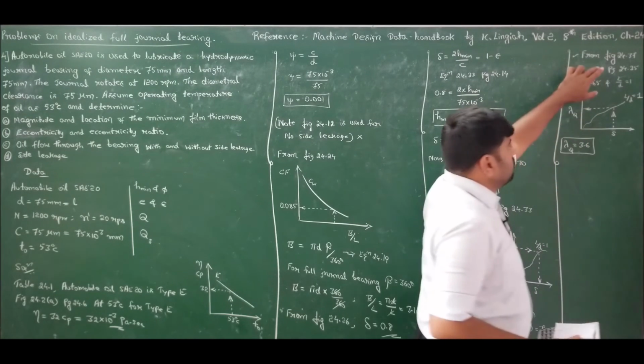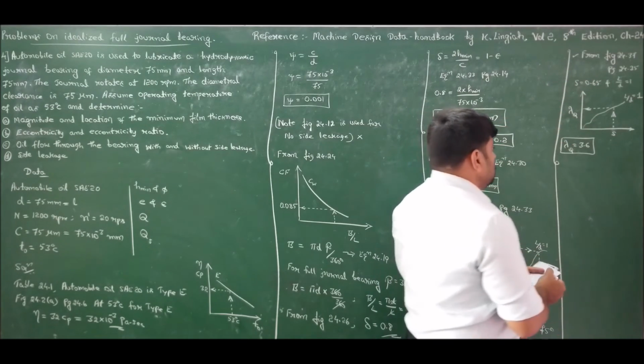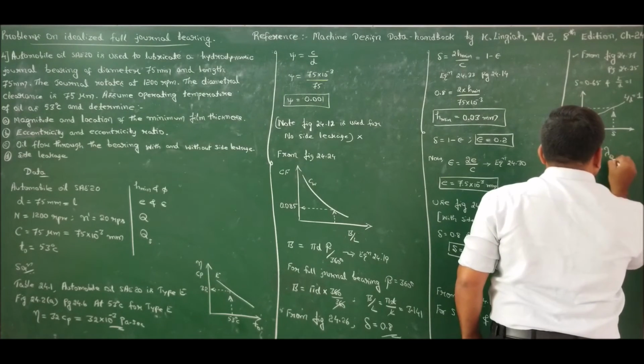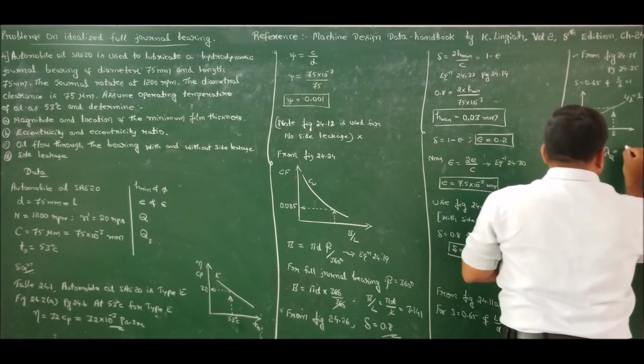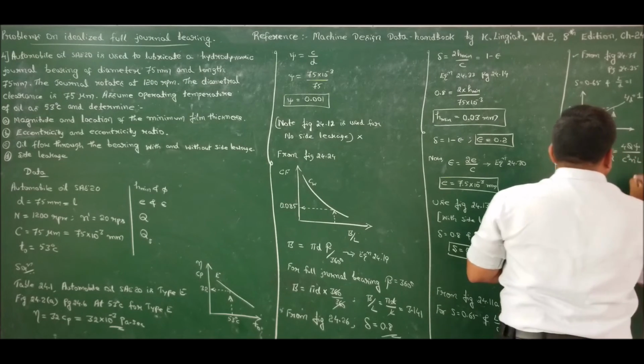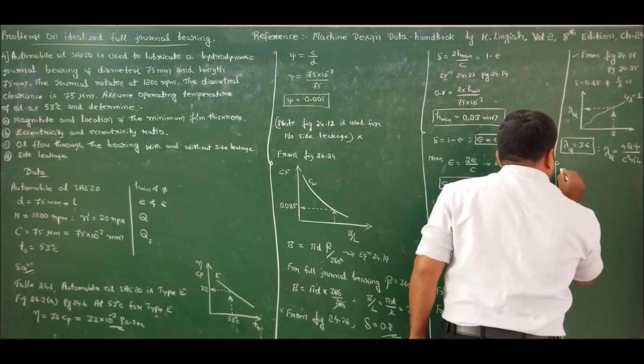Now from the figure, on the y-axis, he has given the formula for lambda q. Lambda q is given by 4 times flow rate times xi divided by c square n dash l. So therefore I can find the value of Q without side leakage.